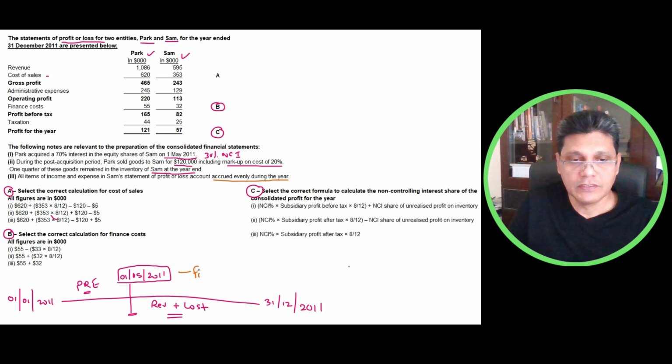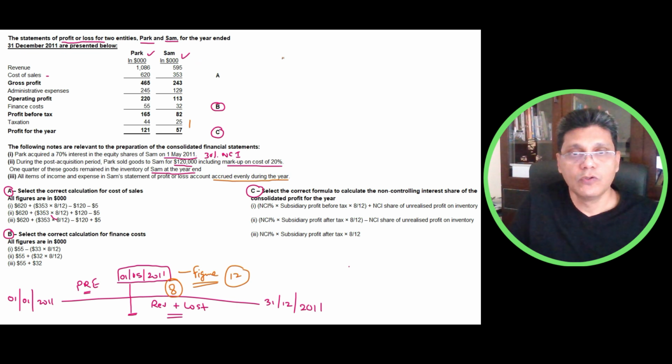For the period 1st May 2011 until 31st December 2011, it is an 8 month period. So whatever these numbers are, you just divide by 12 and multiply by 8. You can obtain the post-acquisition revenue, cost, all the other expenses and the net profit.